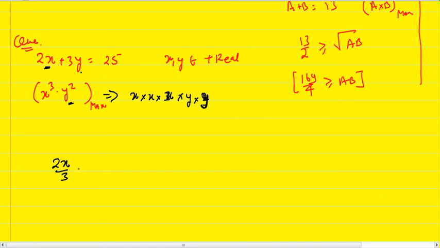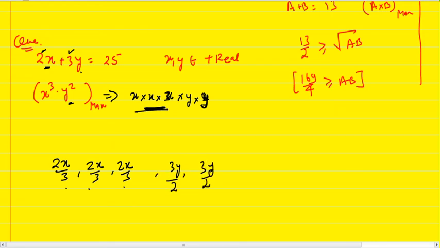There will be 3 such values. And 3y by 2 and 3y by 2. See, this coefficient and this coefficient have nothing to do with the step. The number of divisions is decided by the power in the product. So the product determines how many terms you will create.